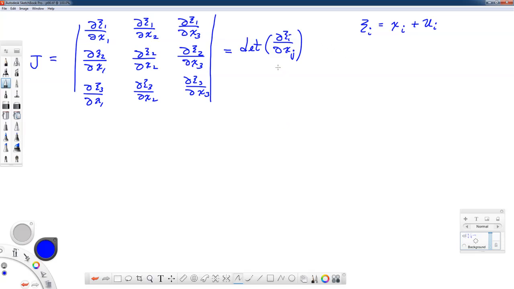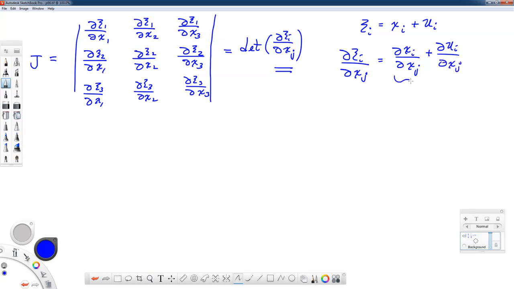So if we evaluate this partial derivative here, we can say it's the partial derivative of xi with respect to xj plus the partial derivative of ui with respect to xj.